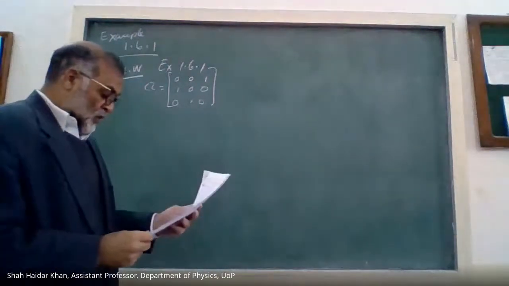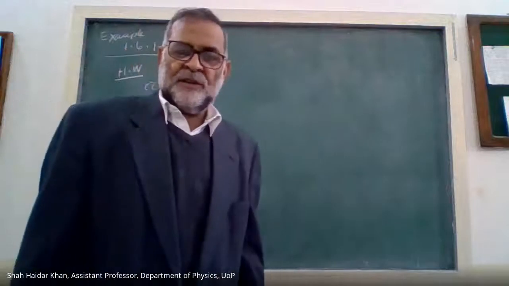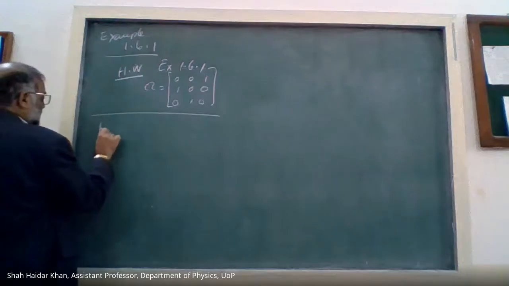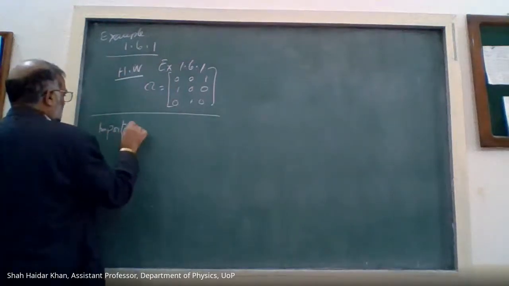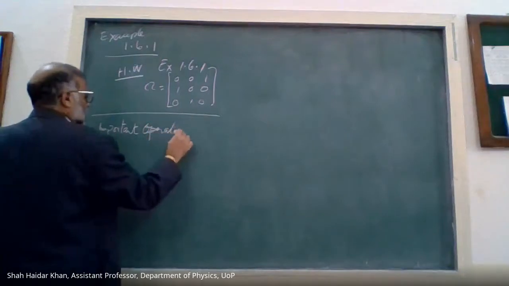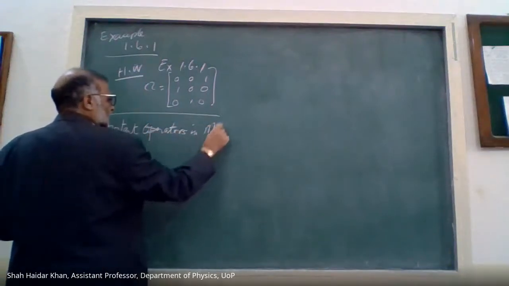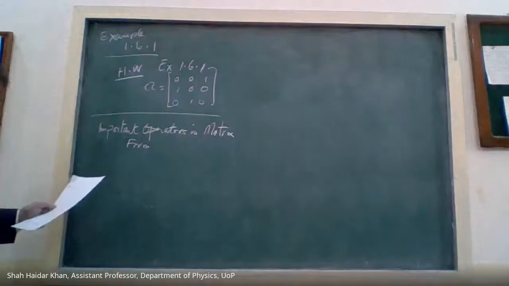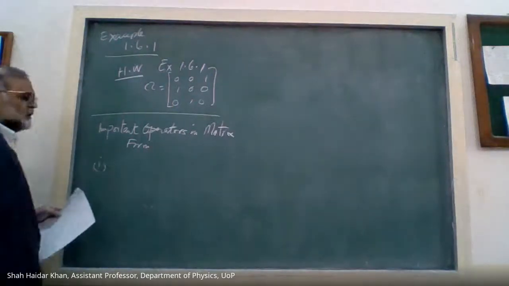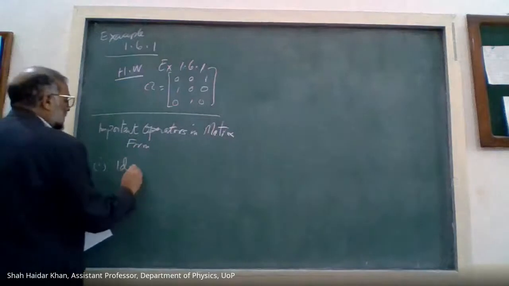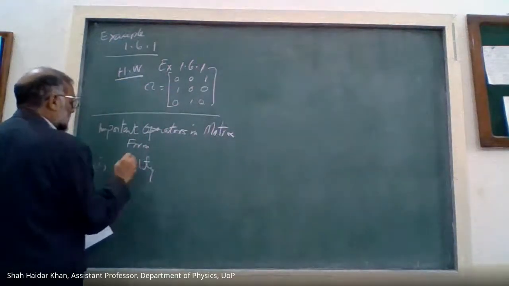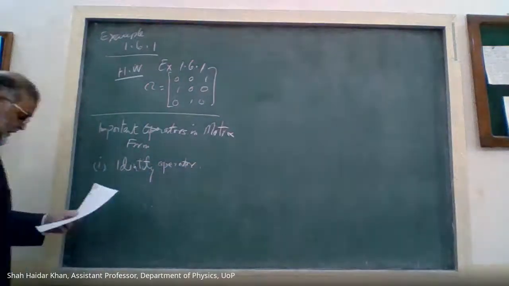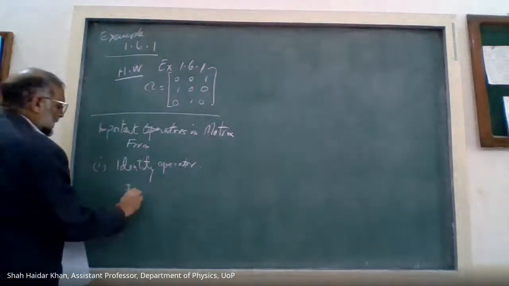That is the exercise. Now, we want to write important operators in matrix form. Number 1, the identity operator.